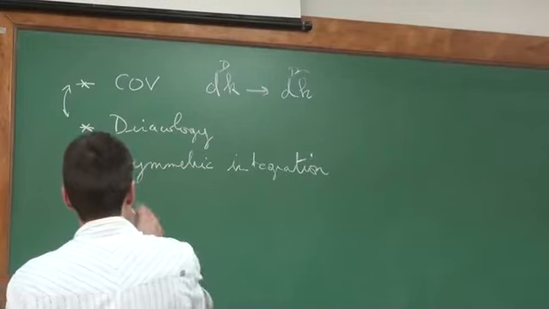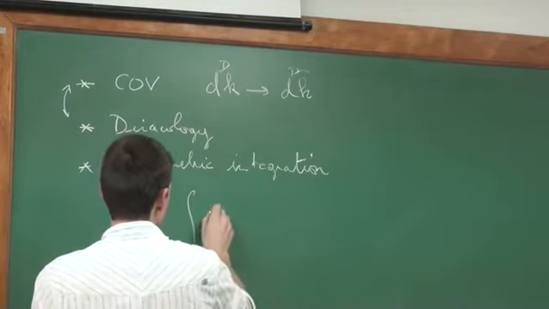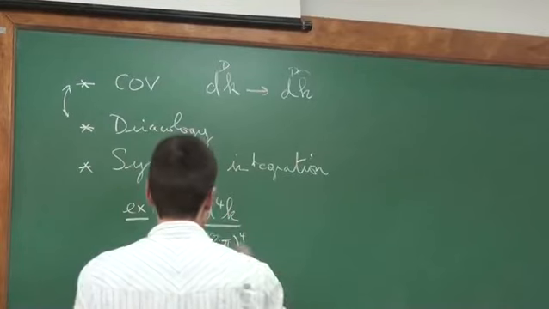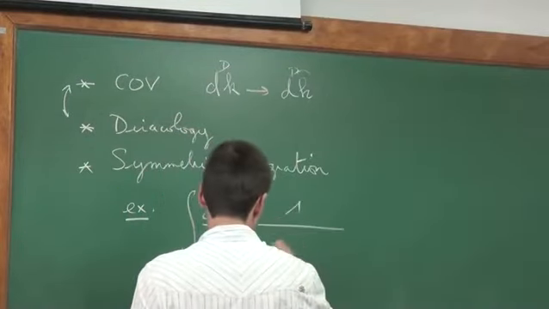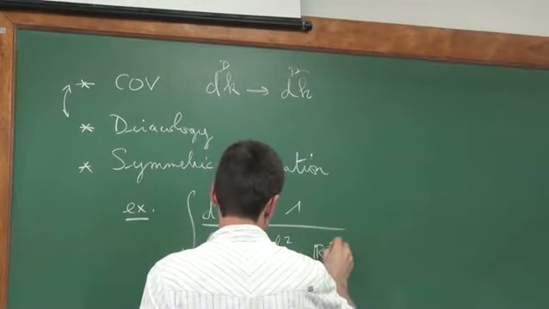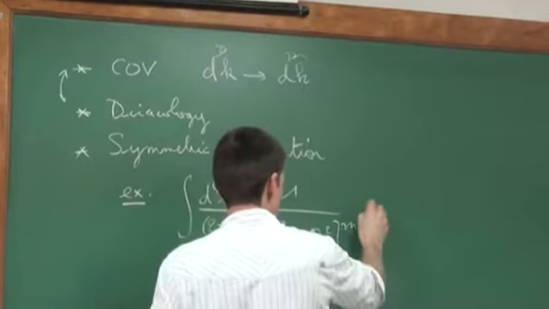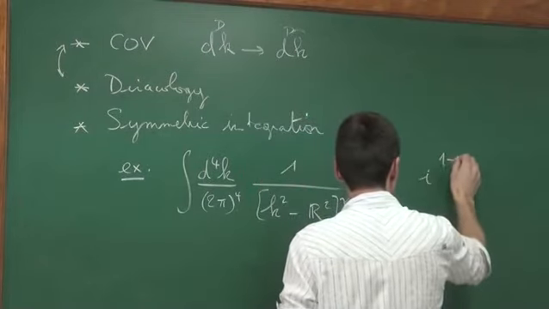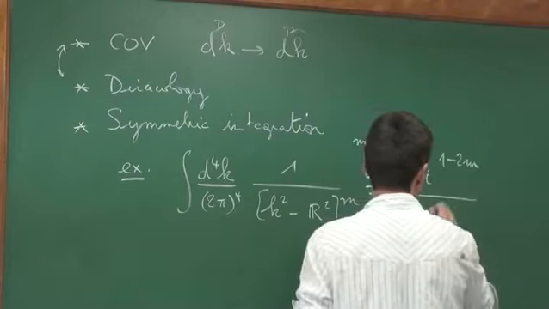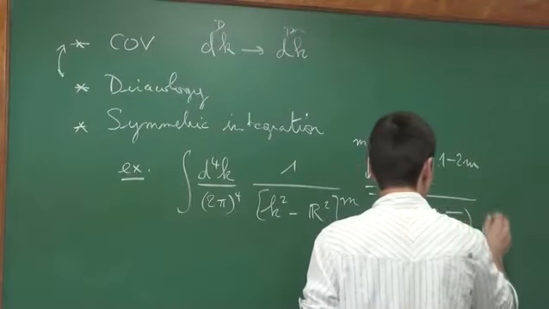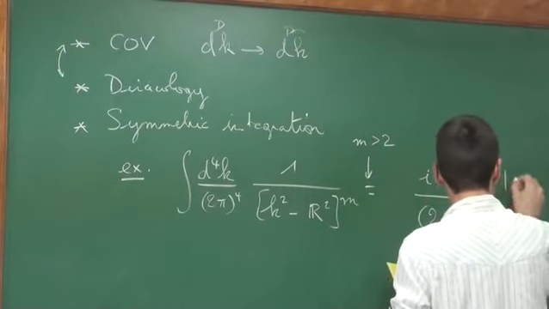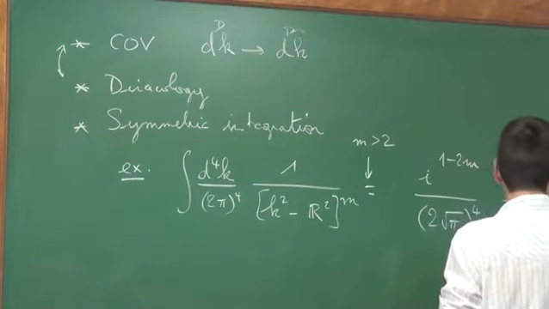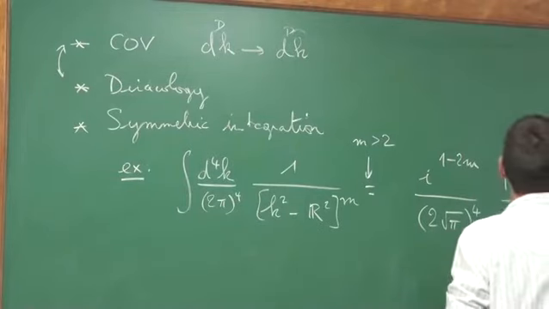Okay, for instance, you use these formulas, gamma n minus 2 over gamma n, to the power n minus 2.